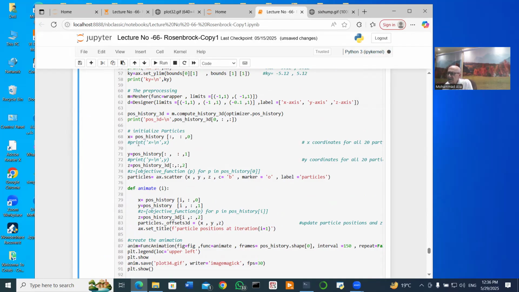For animation, initially we have to define the initial position of all X values and Y values and Z values for all the particles, for all iterations.